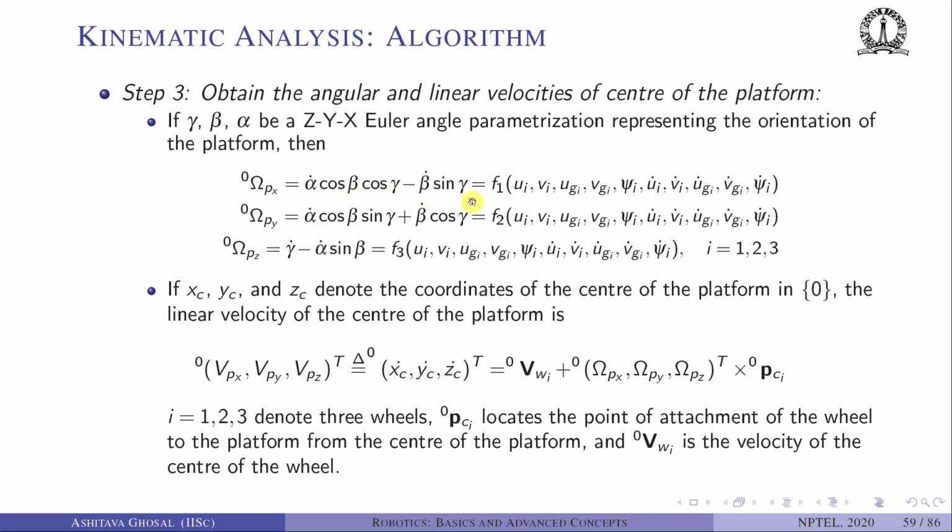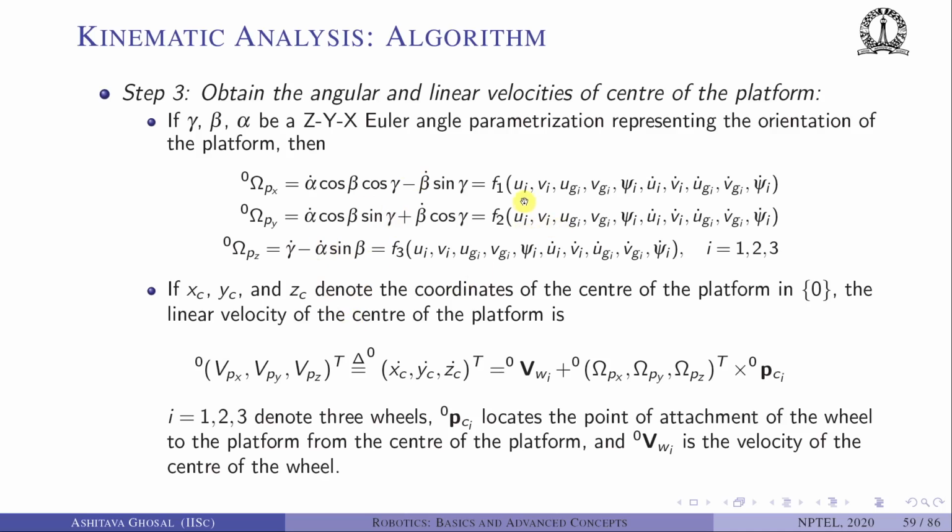Okay, we have done this earlier. We have seen how we can take simple rotations about z, y, and x, multiply these 3 rotation matrices, get a rotation matrix, and then do R dot R transpose to obtain the angular velocity of the top platform. Okay, we are doing exactly the same thing, and it turns out that we will get alpha dot, beta dot, gamma dot in some particular way.